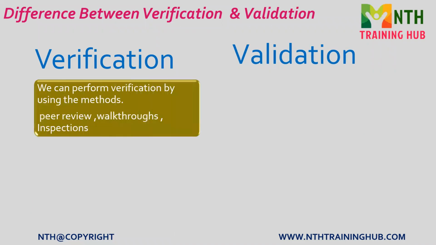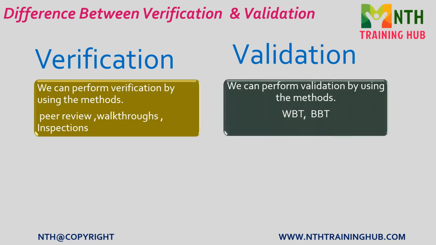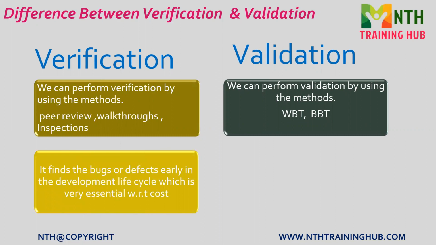Some more examples: we can perform verification using methods like peer reviews, walkthroughs, and inspections. Validation we can perform through white box testing or black box testing, which is functional testing. During verification, it finds the bugs and defects early in the development life cycle, which is very essential with respect to cost.